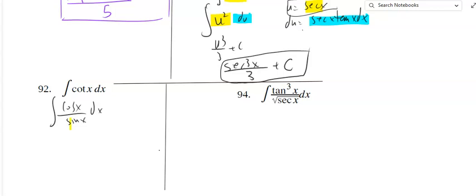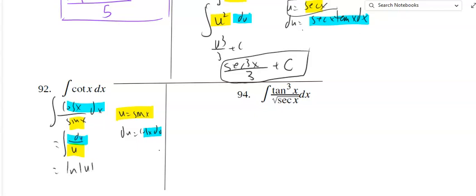I let u equal the denominator of a fraction. du will be cosine of x dx. It worked out perfectly. Natural log of u, and u was sine of x. There. Everybody's happy.